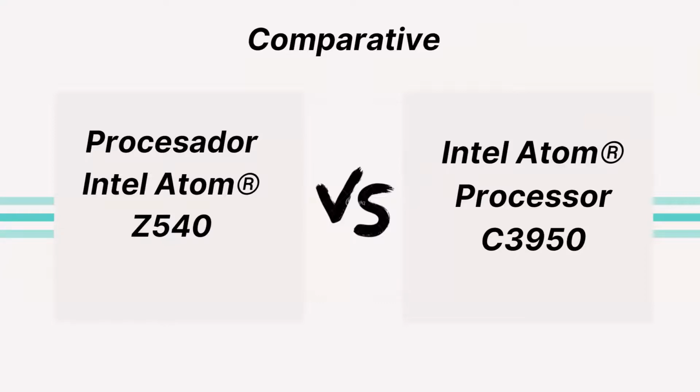This processor could be found in very old computers from brands such as HP, Lenovo, Compaq, etc. At present, the Intel Atom compared to other processors has a clear disadvantage in performance, since it is extremely low.